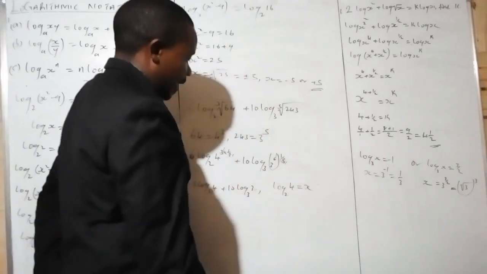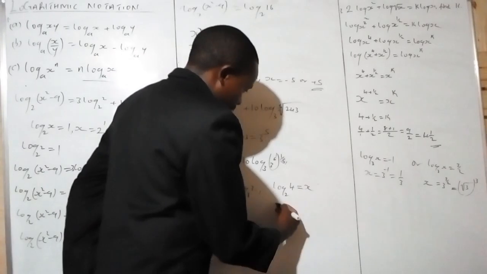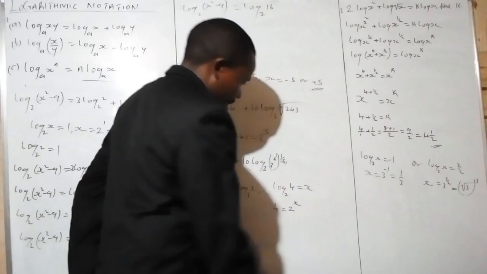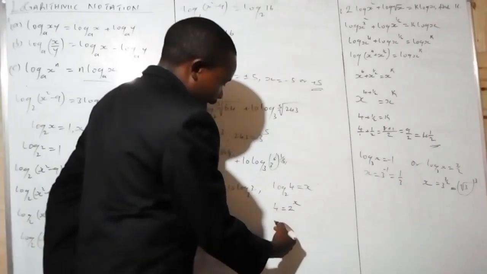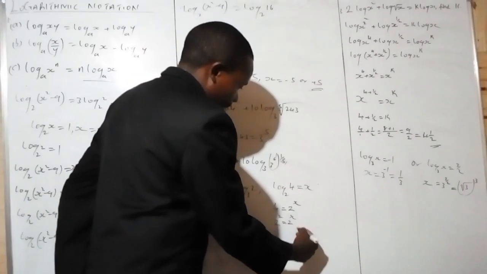So that 4 is equal to 2 raised to the power x. Then 4 you can write as 2 raised to the power 2, which is equal to 2 raised to the power x. Drop the bases and x is equal to 2. So this is 2.